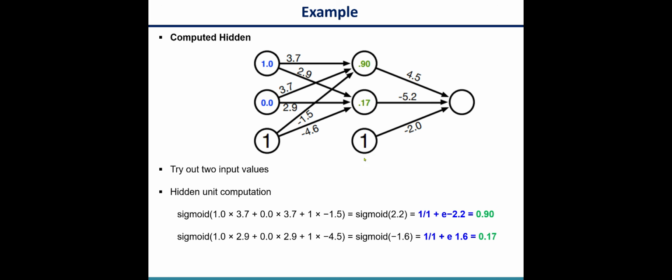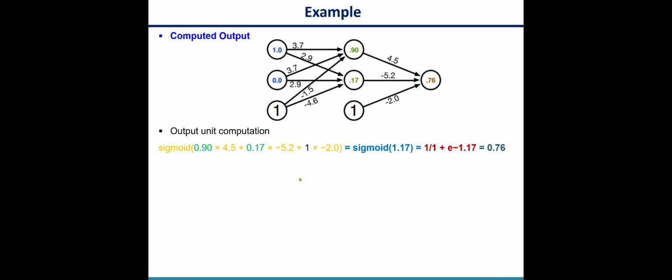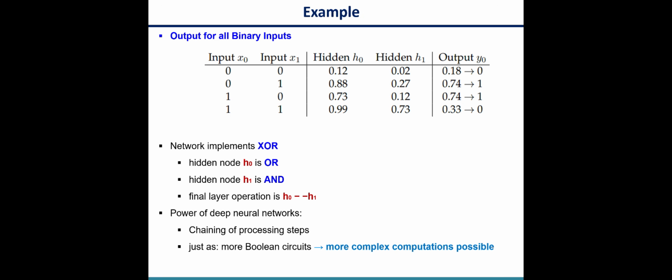These values are given automatically, and we compute the output from them. Sigmoid of 0.9 plus 4.0 multiplied with 4.0, and when we input those equations and apply our sigmoid activation function, after computing we get 0.76, and then we convert it to binary.